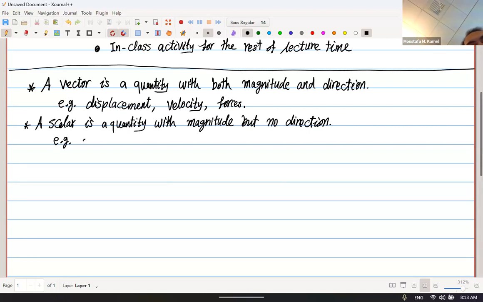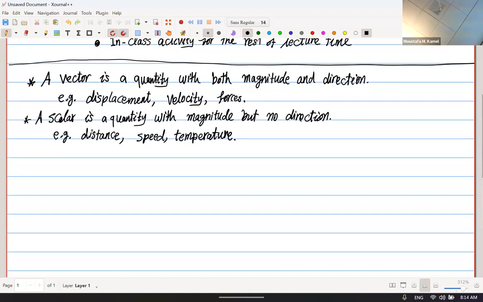Examples include distance, speed. You can also have temperature. Yeah, that's enough for examples.